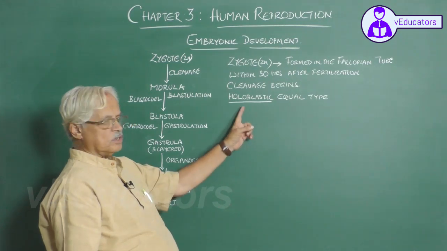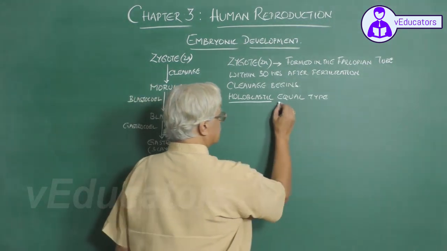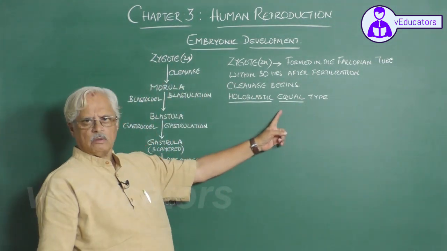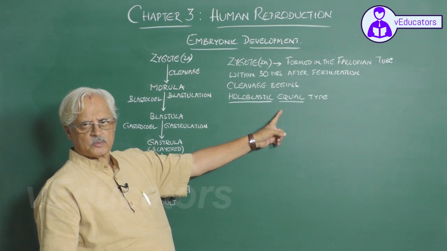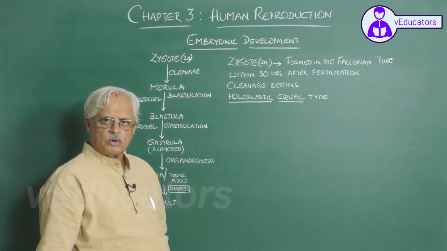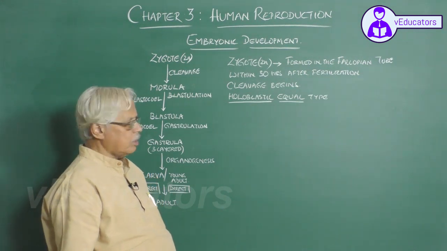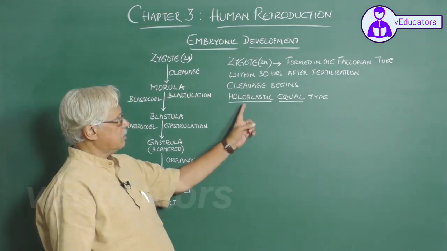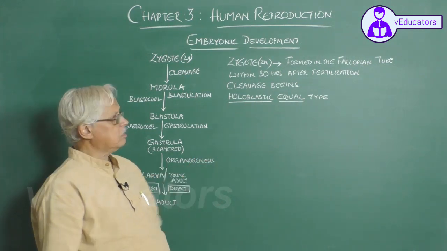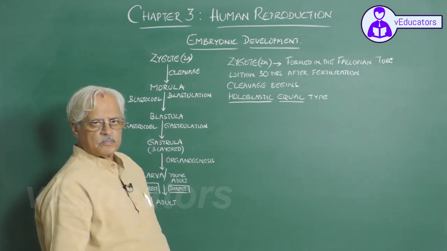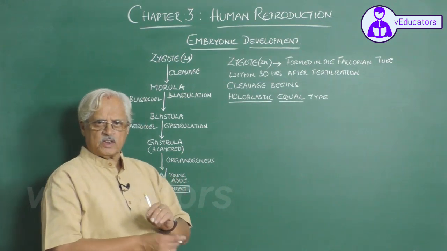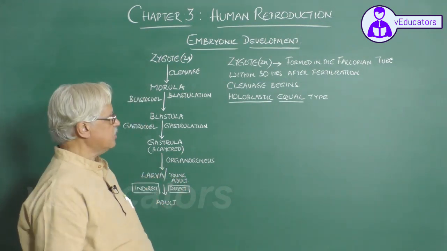It is described as equal because all the resulting cells will be of the same size. The entire egg is able to undergo cleavage because yolk is almost absent in the human egg. Yolk is almost absent, and whatever little reserve food is present gets uniformly distributed in the cytoplasm.